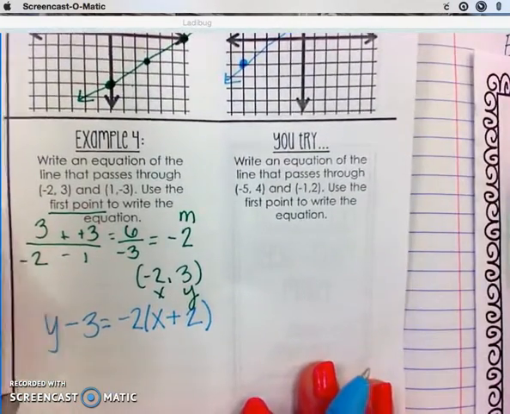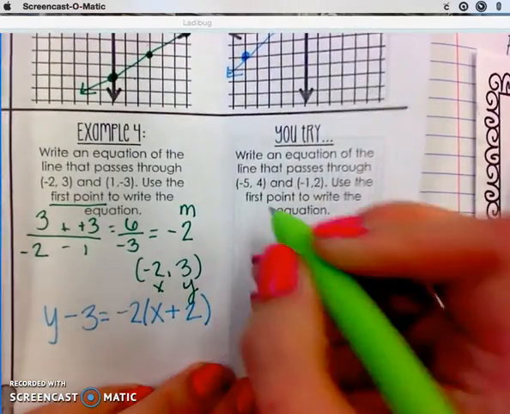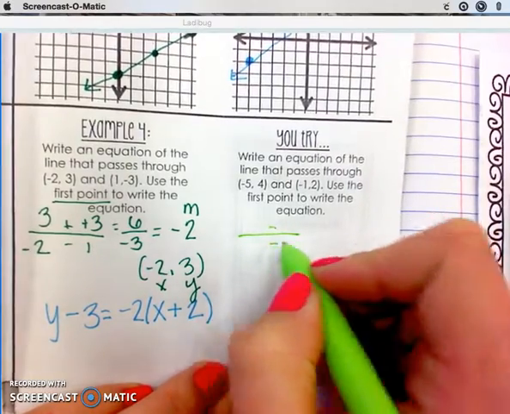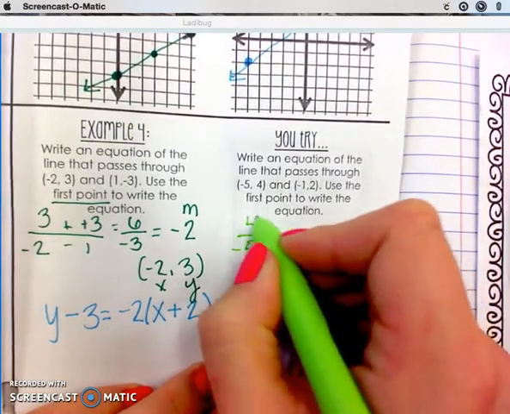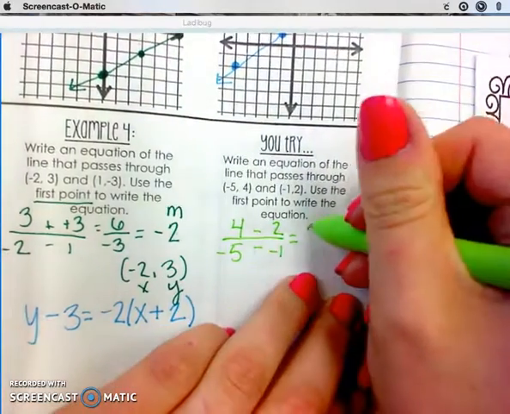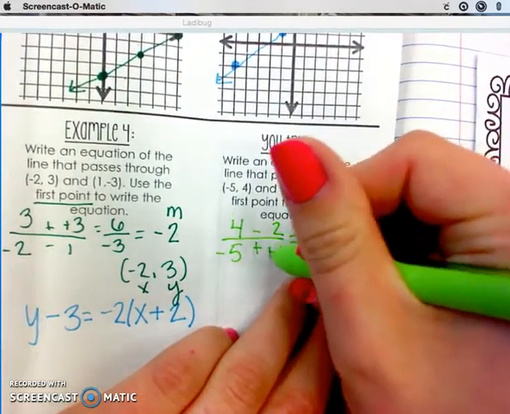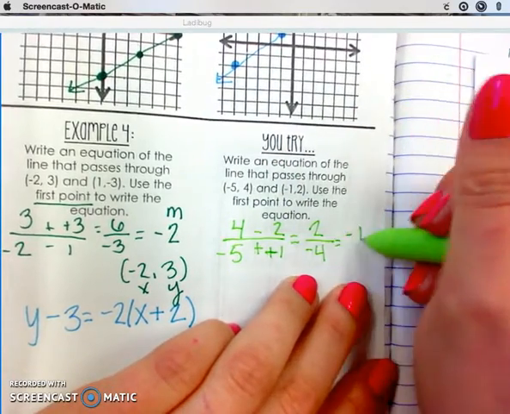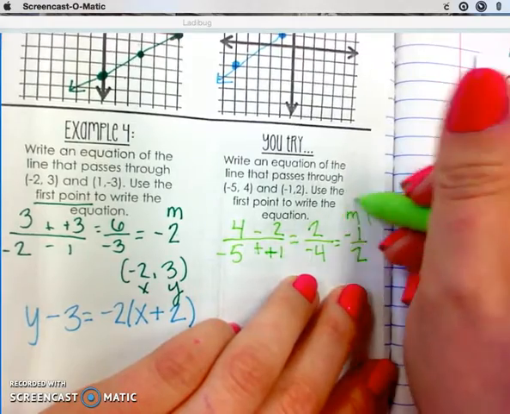Write an equation passing through these 2 points. You can pause it and then watch to see if you did it correctly. Finding the slope, 4 minus 2, and we're reducing, -1/2 is my slope.